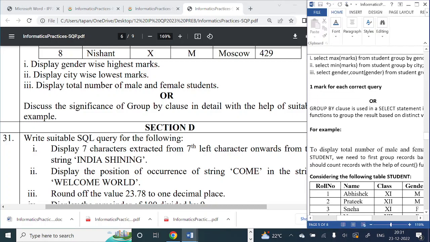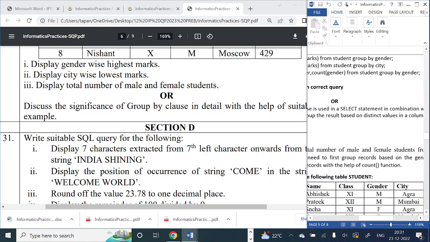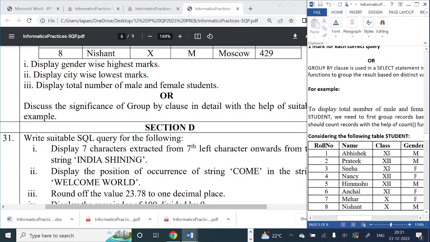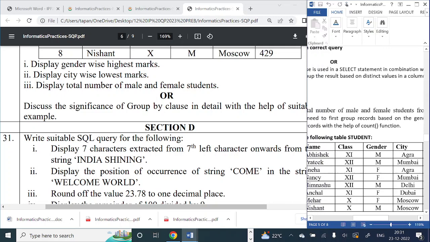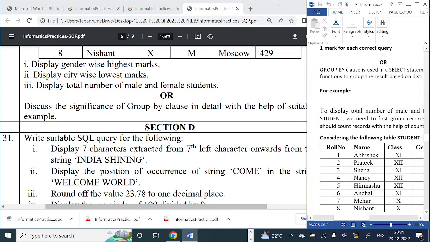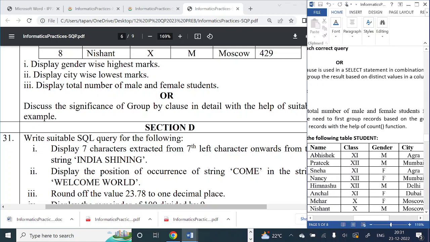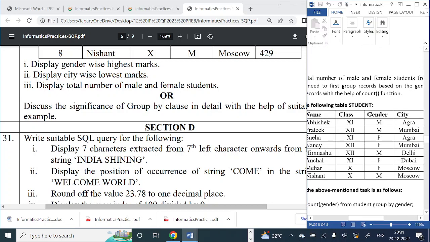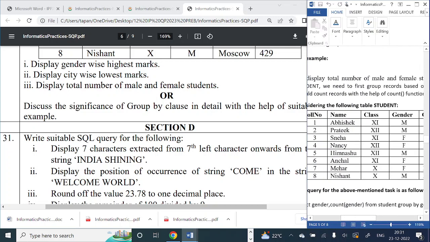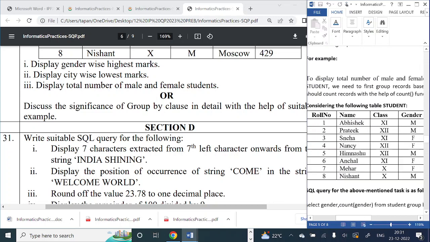The group by clause is used in a select statement in combination with an aggregate function to group the result based on distinct values in a column. So all the similar distinct values will be grouped together. For example, to display the total number of male and female students from the table student, we need to first group records based on gender, and then count the records with the help of the count function.